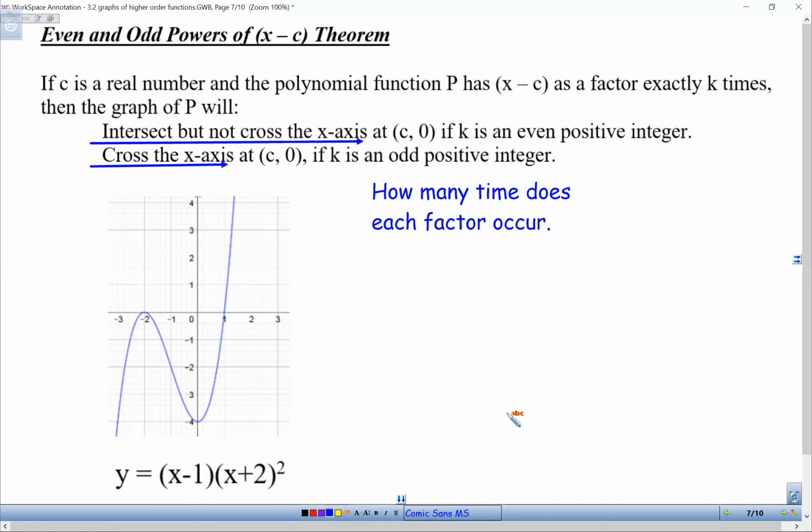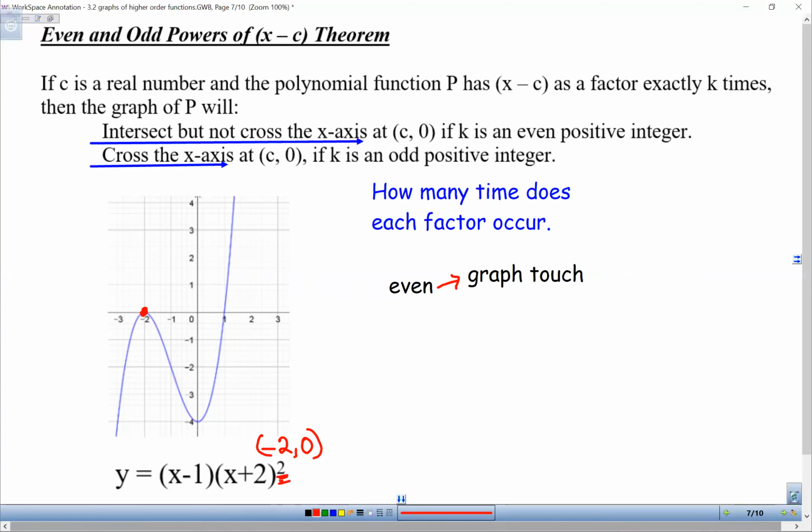Okay. So if each factor occurs an even number of times, then the graph will touch the x-axis. And your textbook says intersect but not cross. I like, well, it touches. And you can see that happens right here. So x plus 2, which our zero would be negative 2, or sorry, our intercept would be negative 2, 0, happens twice because it's squared.